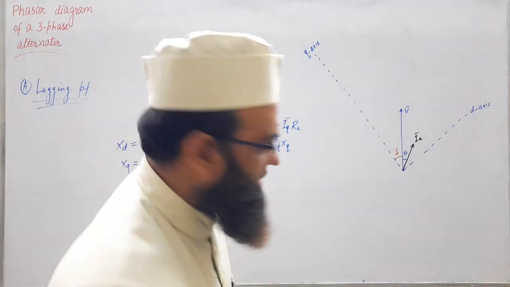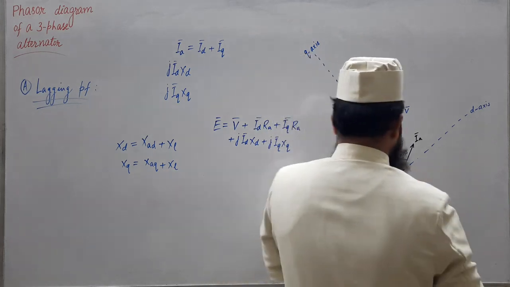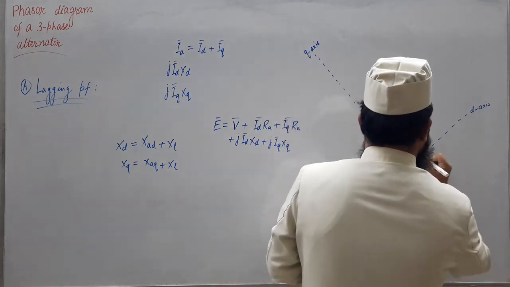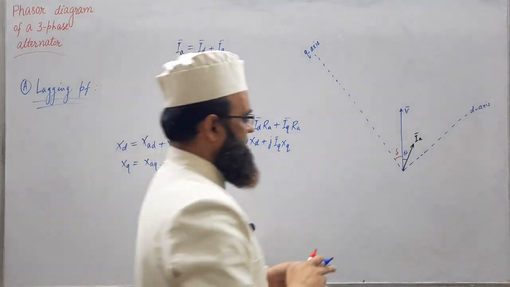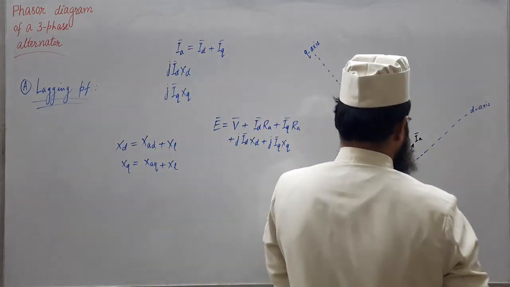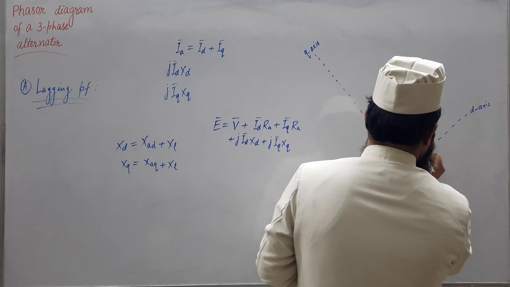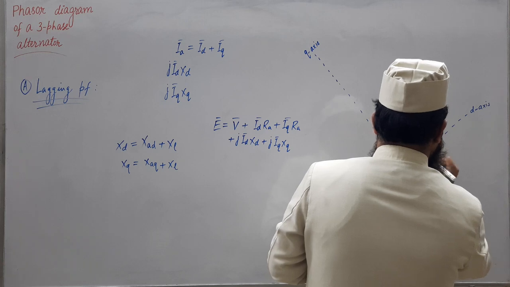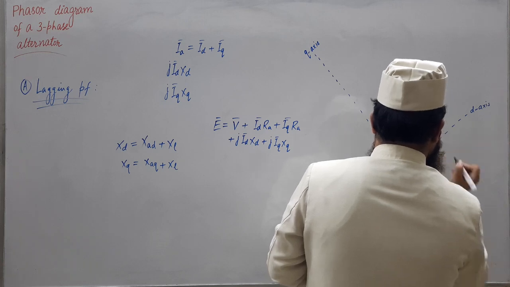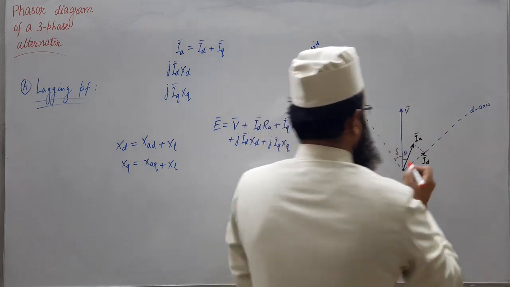Let us take the two components of this IA, ID and IQ, along the D axis and Q axis.